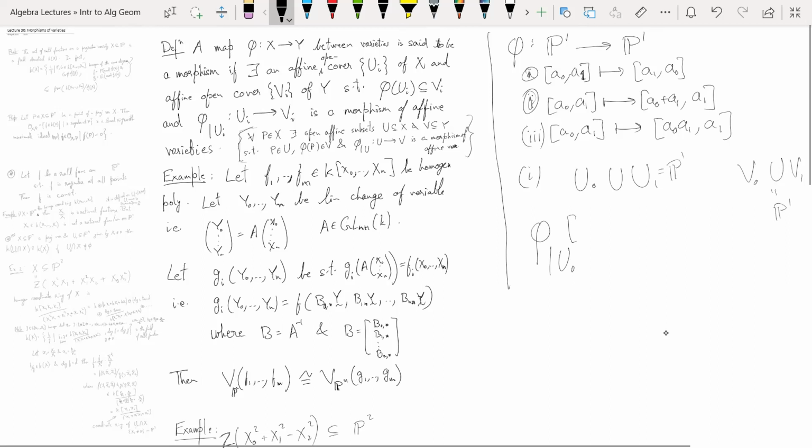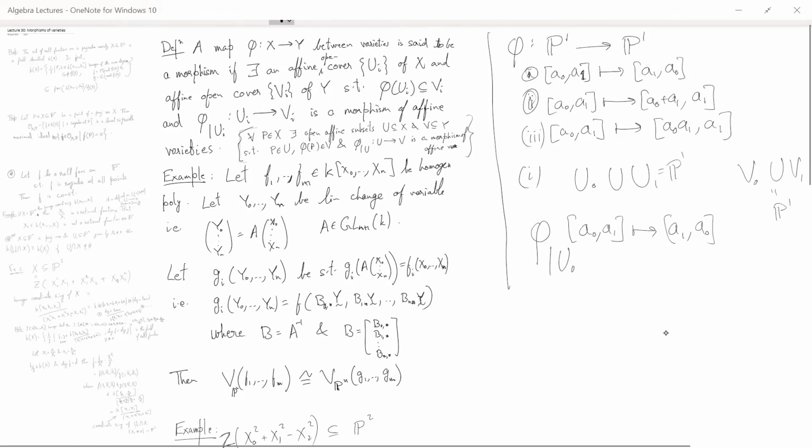A0 is non-zero, so it sends (A0, A1) to (A1, A0). First of all, this map is well defined: if both A1 and A0 are 0, then of course (A0, A1) is also 0, so that point doesn't lie in P1. So that map is okay.